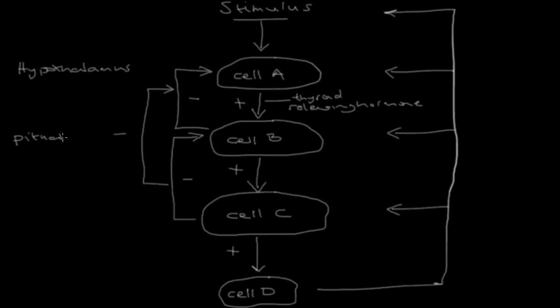So the pituitary gland is acted on by the thyroid releasing hormone, and what then happens is that the pituitary gland then releases thyroid stimulating hormone.